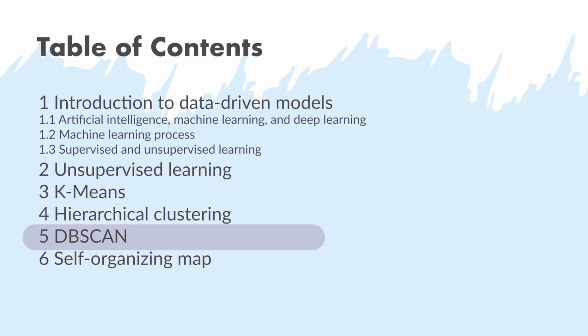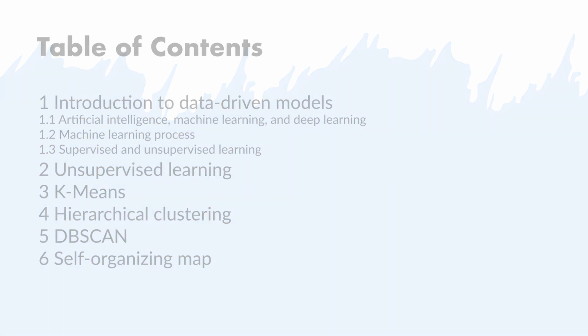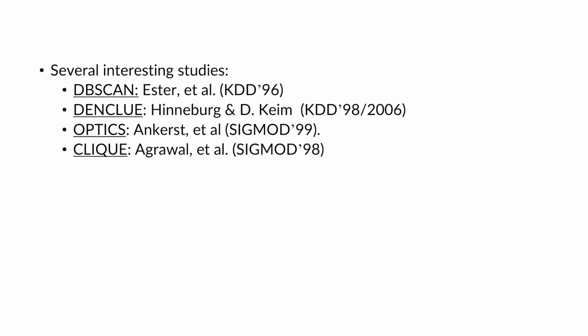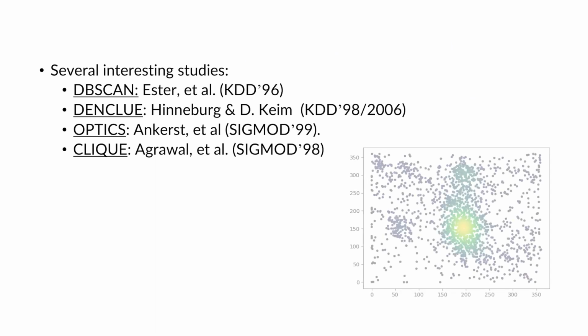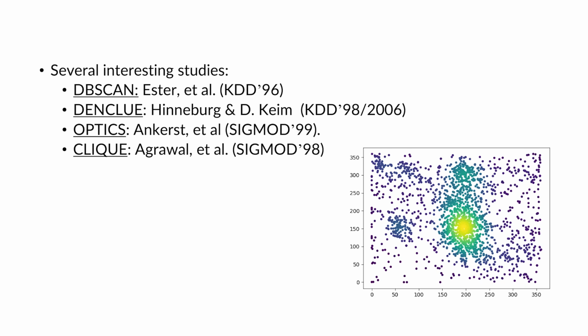Now let us talk a little bit about the DBScan and how to do density clustering. There are many clustering algorithms based on the concept of density. One of these is the DBScan that we will talk about in this section in much detail. But be aware that there are others, such as the DENCLU or the OPTICS, also very well known, or the CLIQUE.